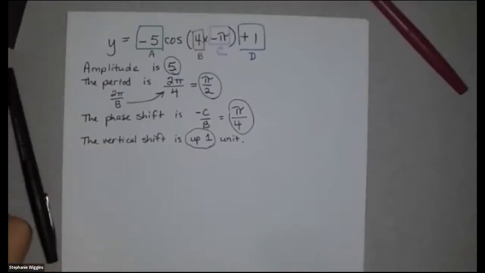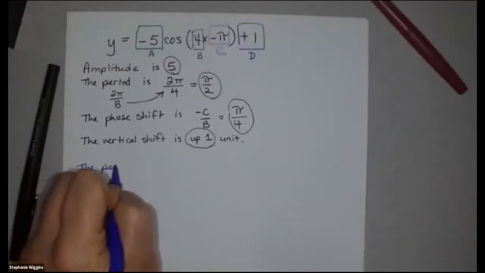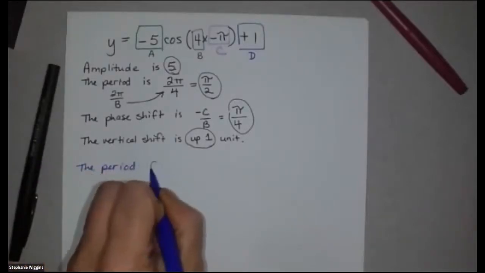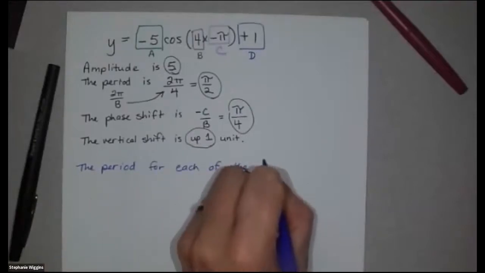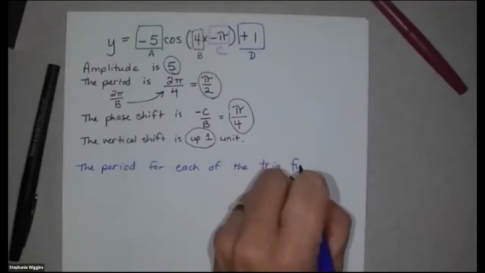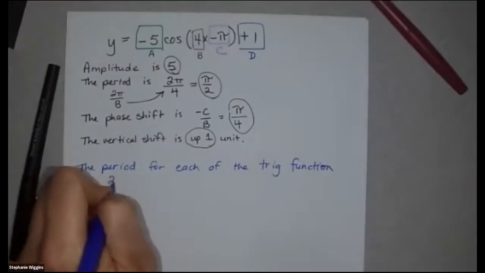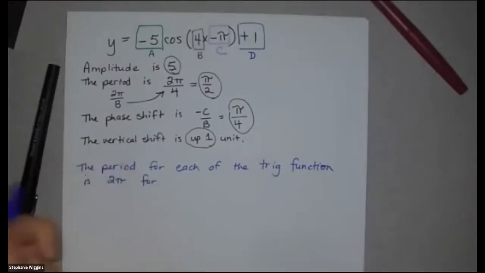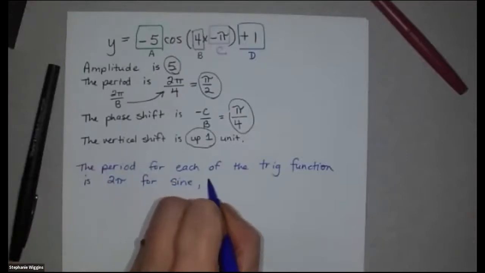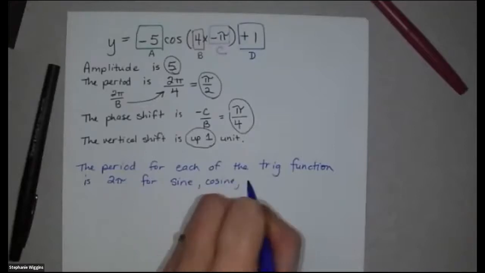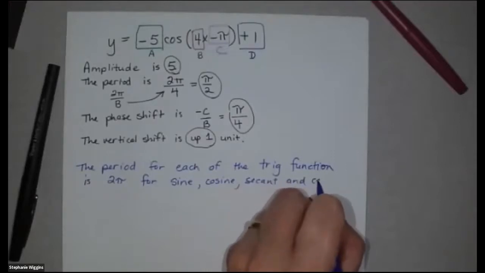By the way, just to remind you, the period for each of our trig functions is 2 pi for sine, cosine, secant, and cosecant.